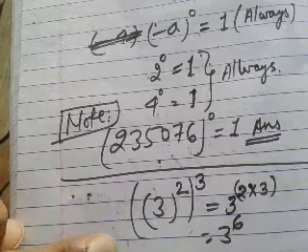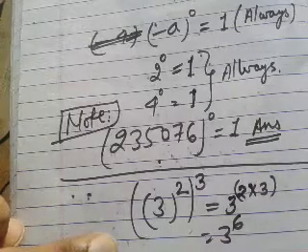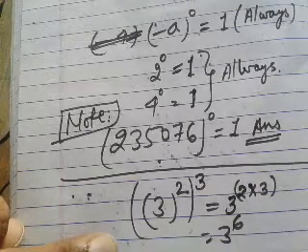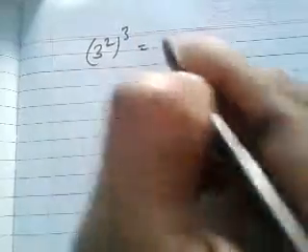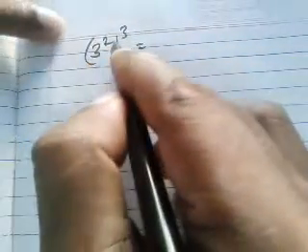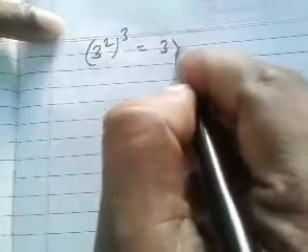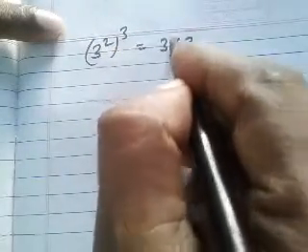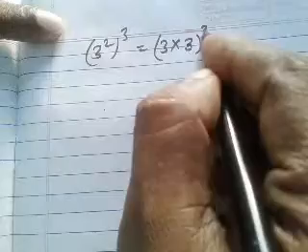How can we accept this? Suppose that 3 raised to the power 2 and its power is 3. Now calculate this. 3 raised to the power 2 means 3 multiplied 2 times, and its power is 3.